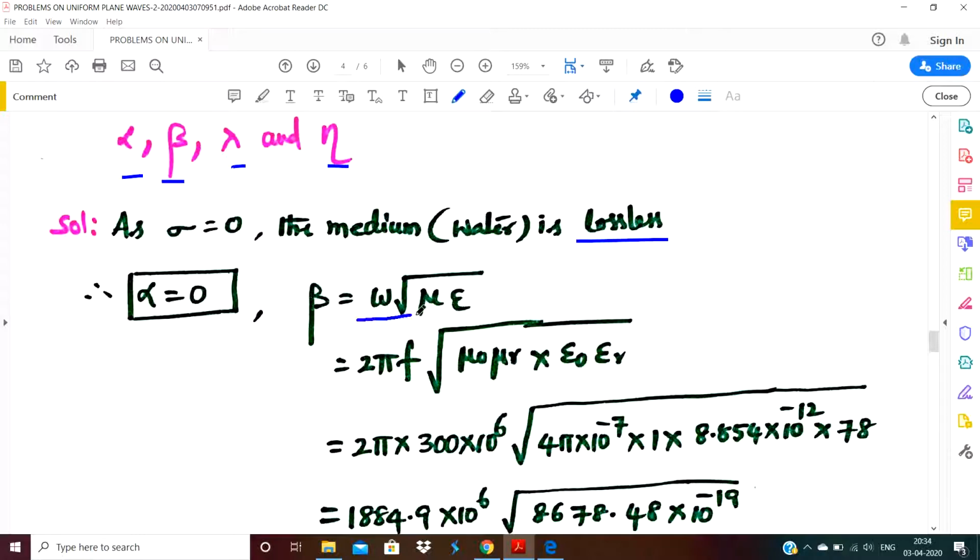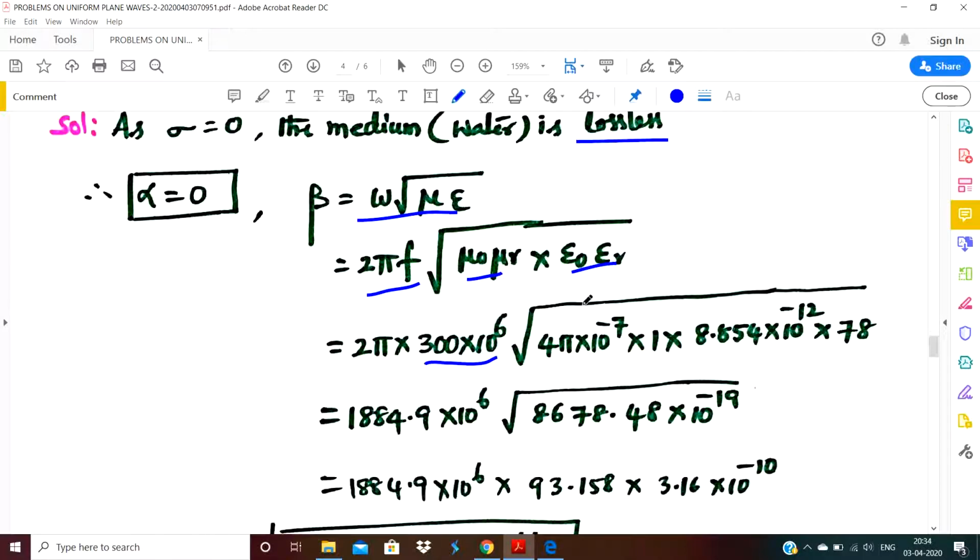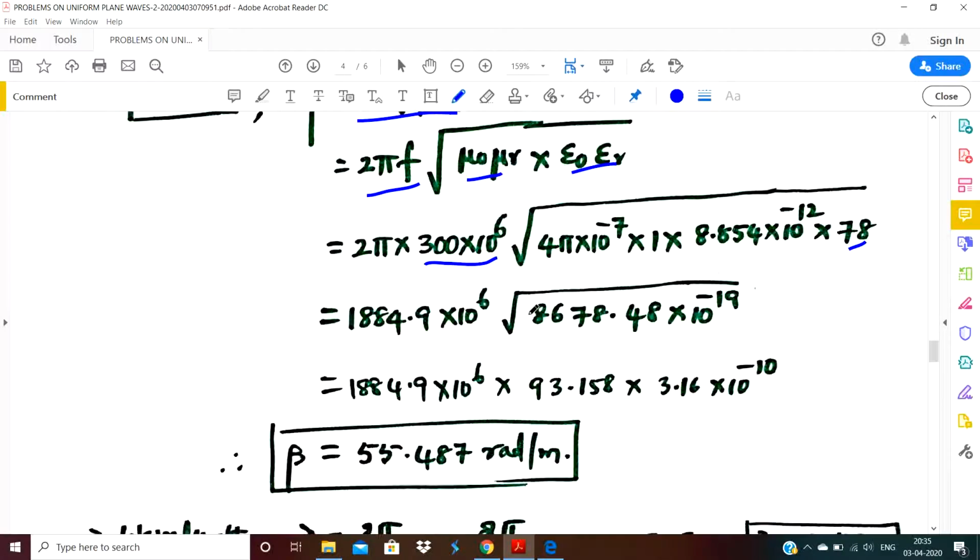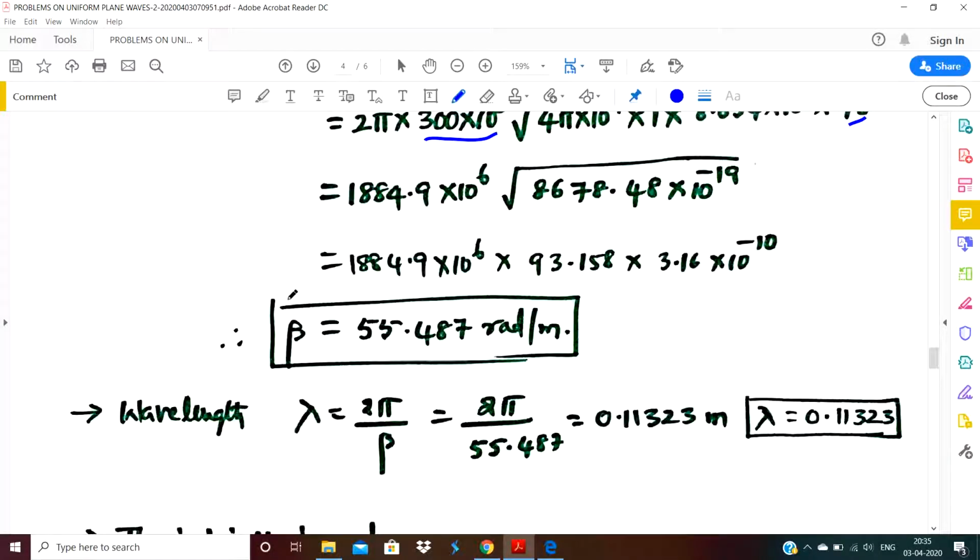So beta is the standard format, omega into square root of mu into epsilon. We can expand mu and epsilon, 2 pi f, frequency already given as 300 megahertz. So by substituting the mu naught value, mu r is 1, epsilon naught value and epsilon r is 78, and simplifying this, we get the phase constant beta equals 55.487 radians per meter.